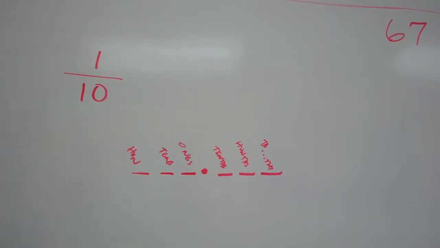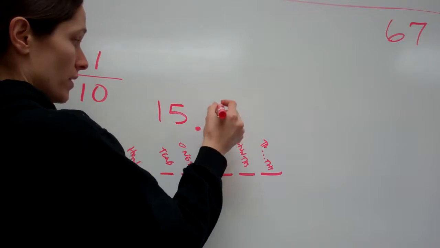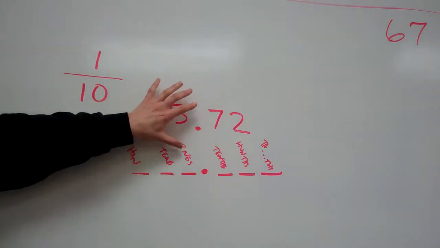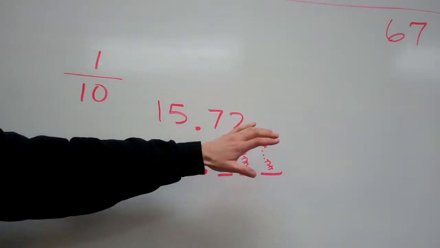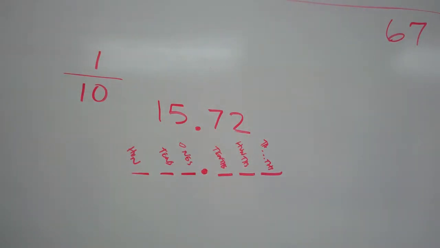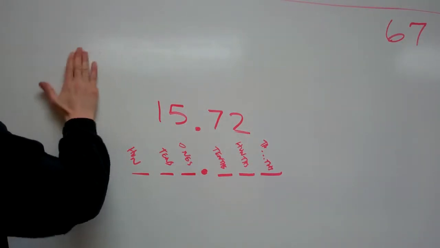On the left of the decimal is kind of like our whole numbers. Like if I have $15.72, this is the amount of whole numbers I have, and this is the amount of change you would have if you're talking about money. But in math, let me take this away for just a minute.